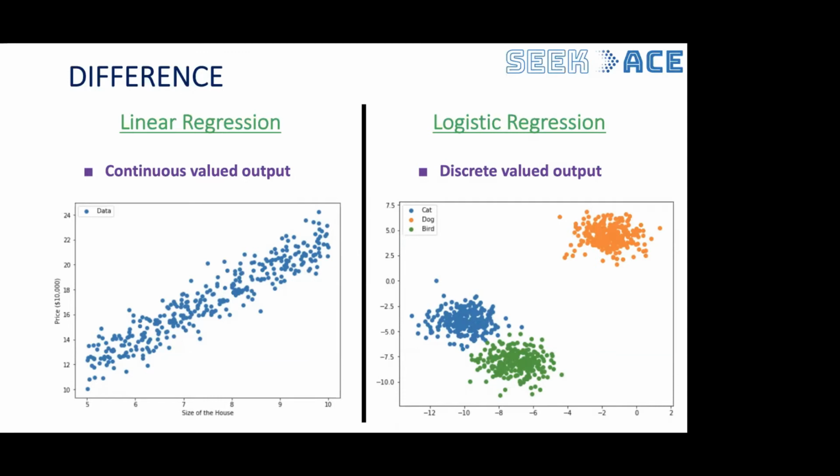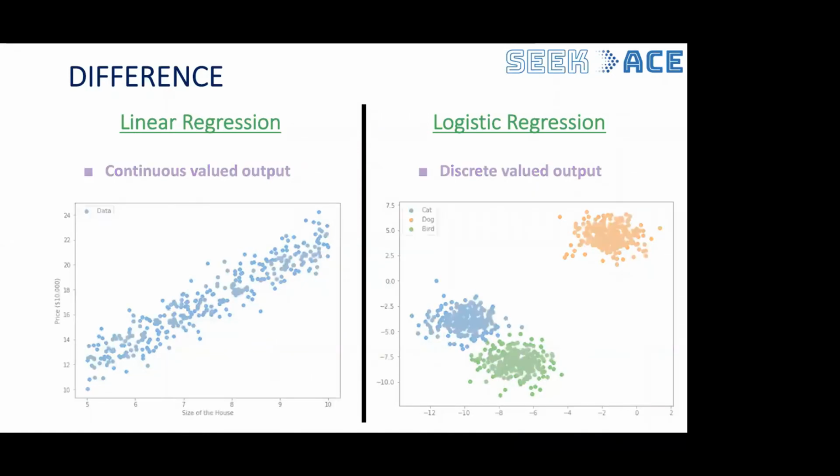For logistic regression, in our variable space, they may have some clusters, they may have some decision boundaries, and they will be discretely distributed in this variable space. So that is another difference.